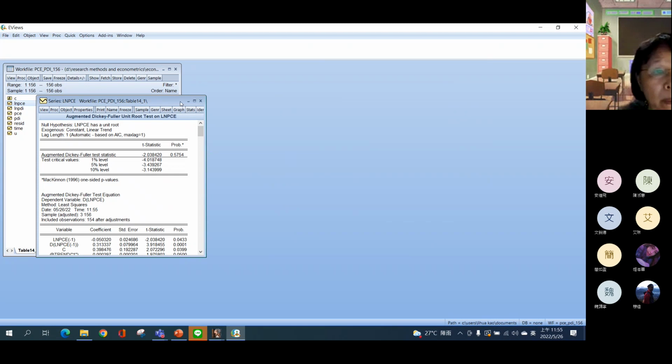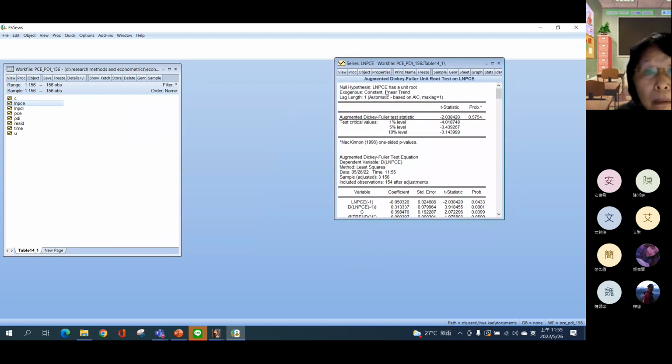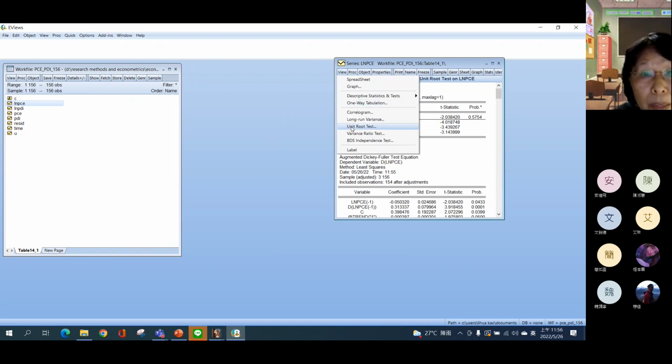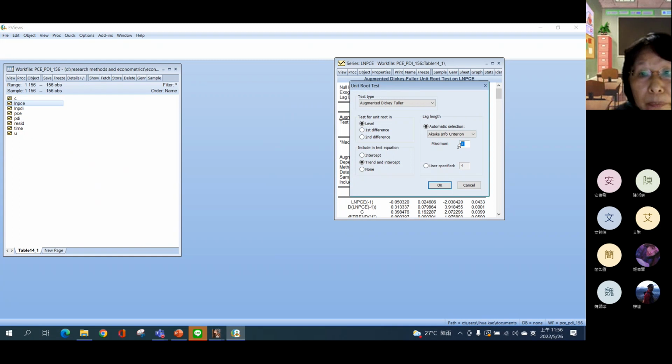Look at this one. You all see that? If I use lag 1, this is non-stationary, right?